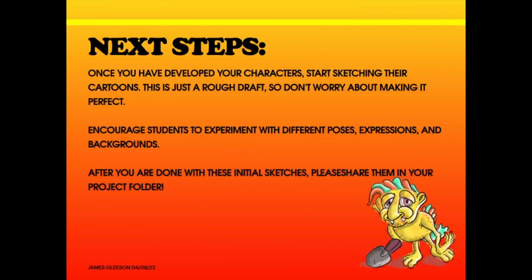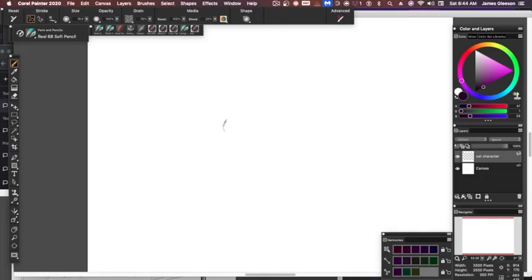Begin sketching your character now, and I'll have a kind of overlay of that event. I'll have a time lapse, if you will, of the process of creating a character and creating a character sheet.